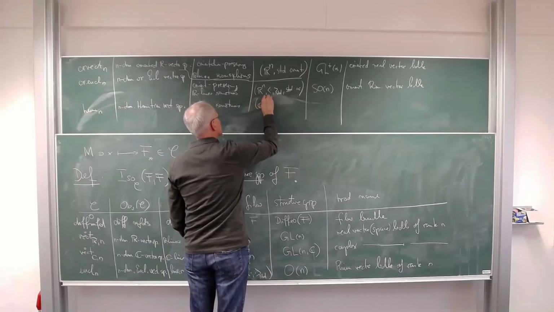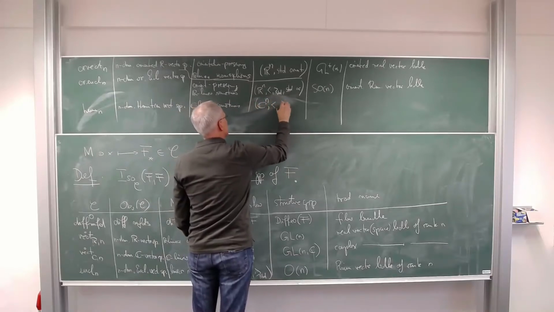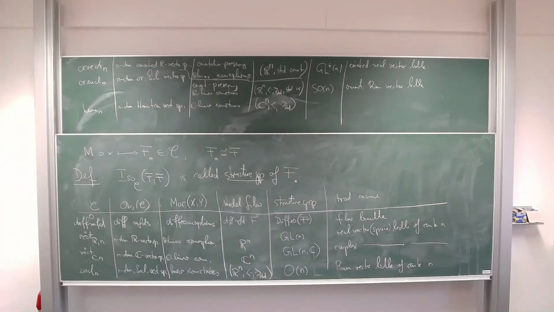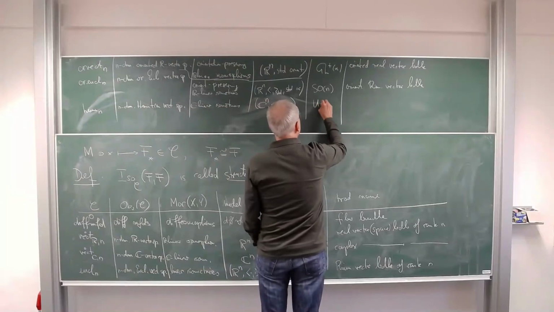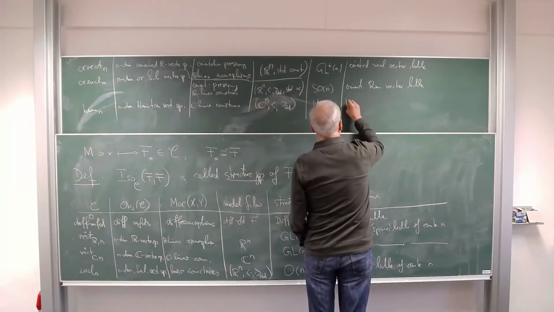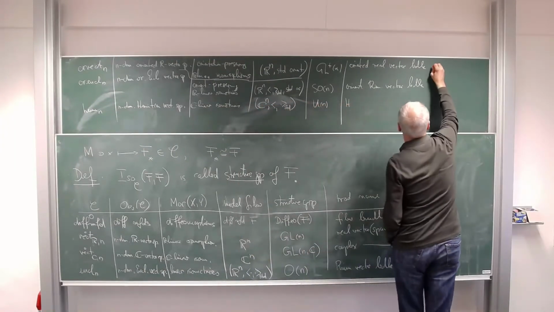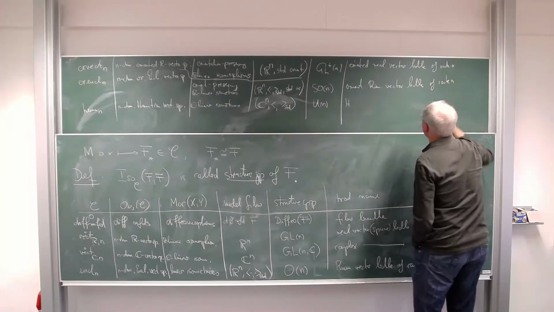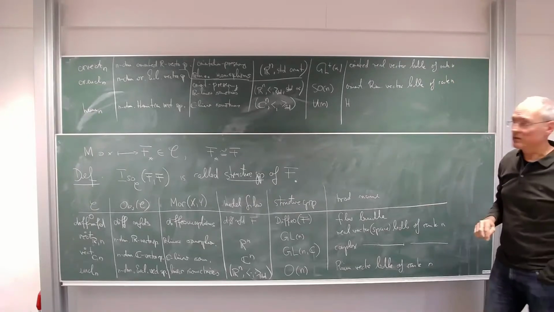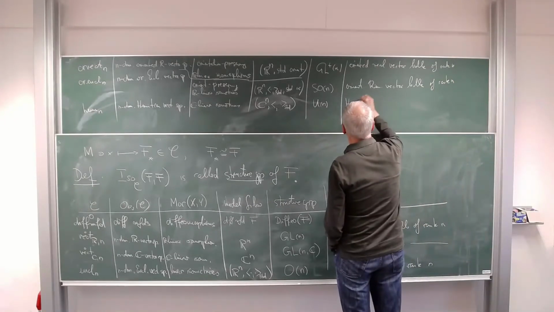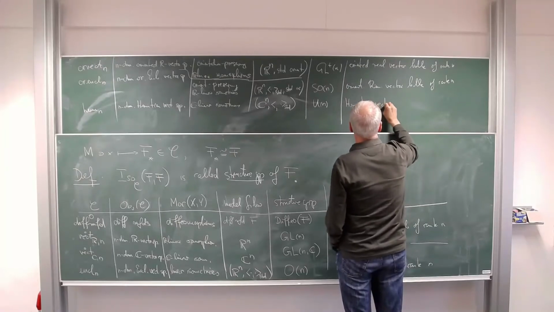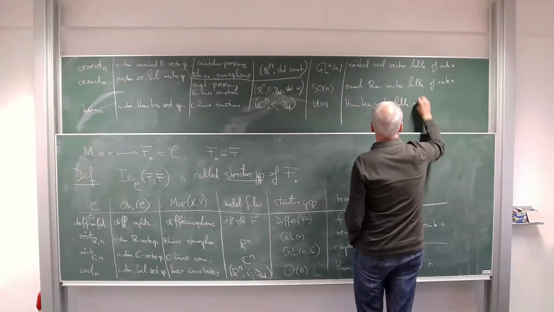My model fiber would be Cn together with the standard scalar product or Hermitian product. What's the group? The unitary group. So this is a Hermitian vector bundle of rank n. So this is always of rank n. n has nothing to do with the dimension of the manifold in general. Right? So a Hermitian vector bundle of rank n.